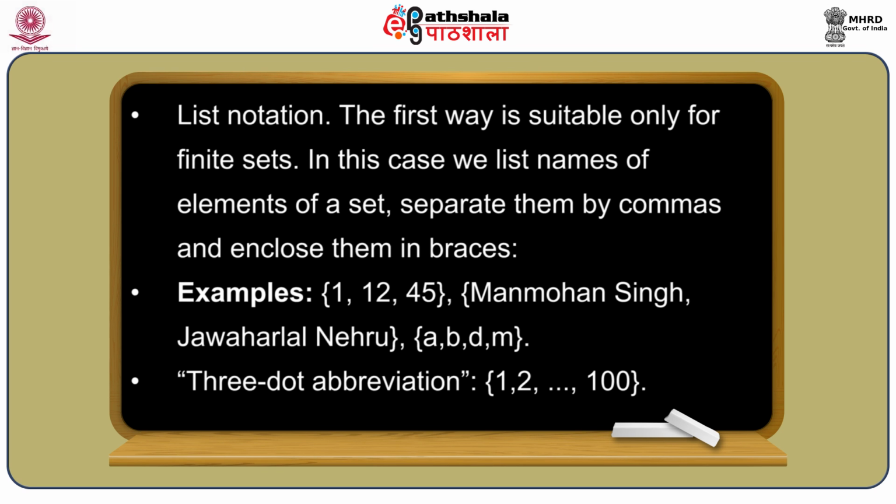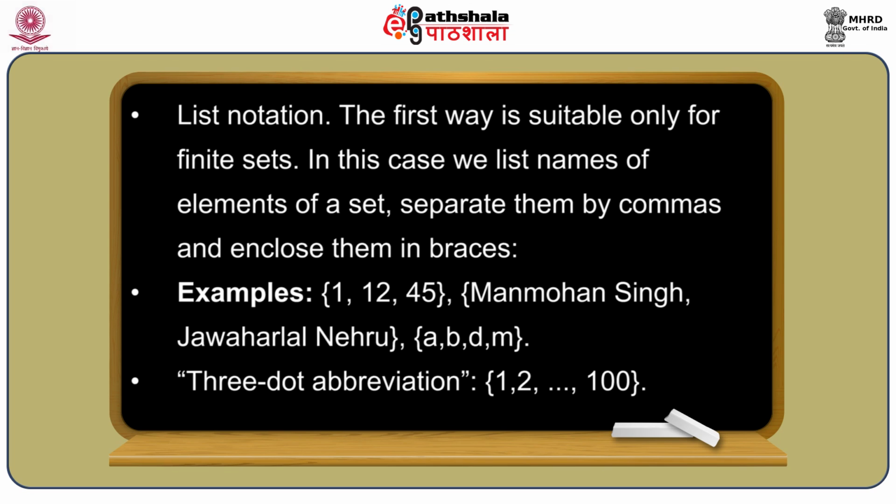List notation. The first way of specifying sets, namely the list notation, is basically suitable only for finite sets. In this case, we list the names of elements of a set, separate them by commas, and enclose them in braces.